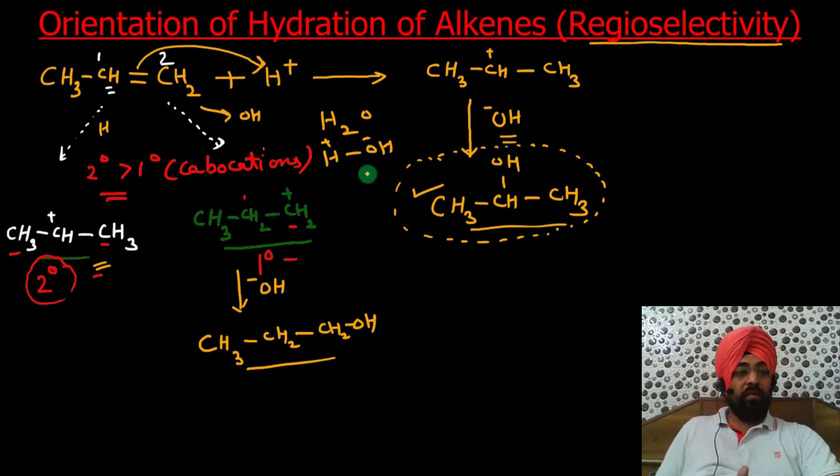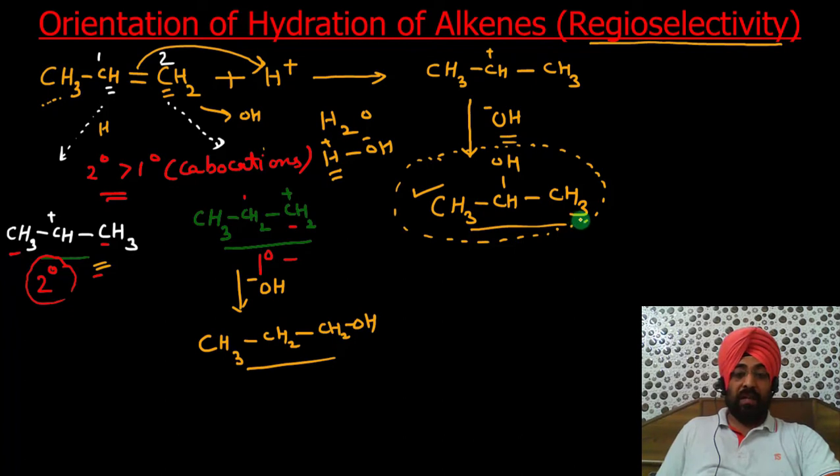Markovnikov's rule says that the major product is that in which the positive part, H positive, goes to that carbon which has the higher number of hydrogen atoms. These two carbons have the double bond; we need not consider this other carbon because it has no role. The addition is to the C double bond C. Out of these two carbons, this carbon already has more hydrogens, so this H will go to this carbon.